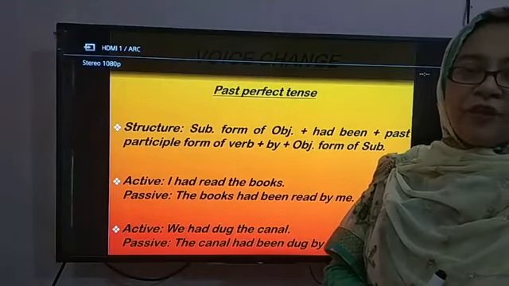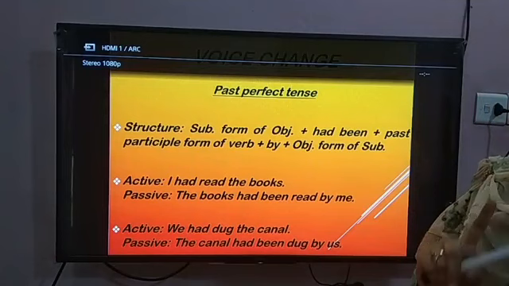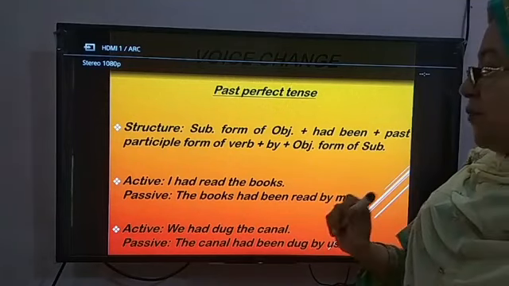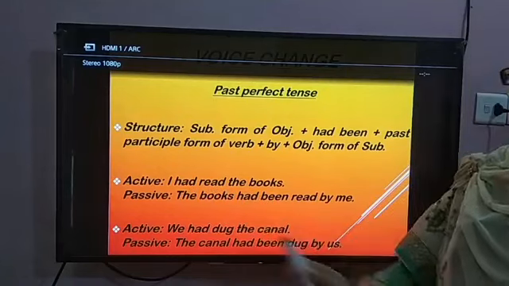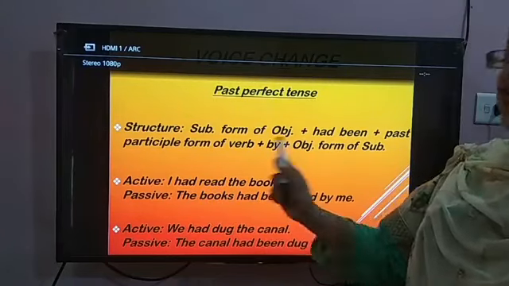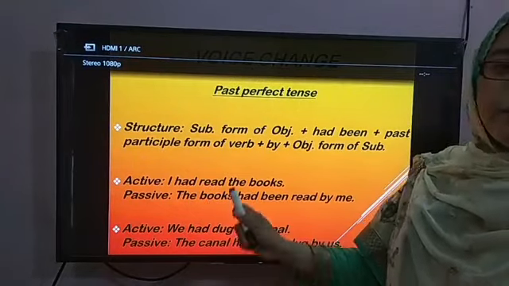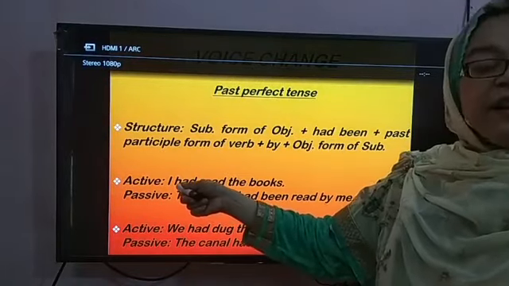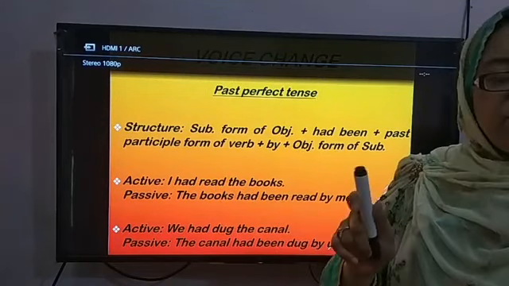Past perfect form. Here we will find had and the past participle form of verb. Look at here. I had read the books. Why do I pronounce it read? Because after had it will be the past participle form.